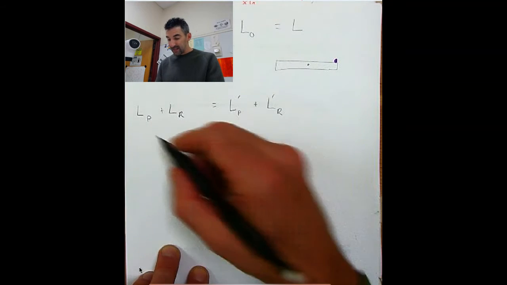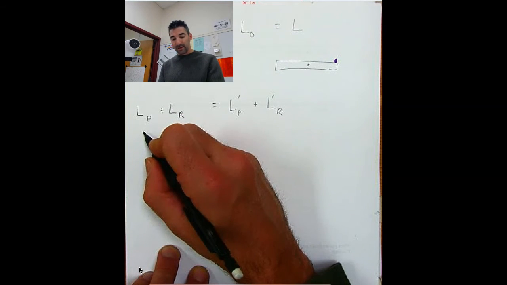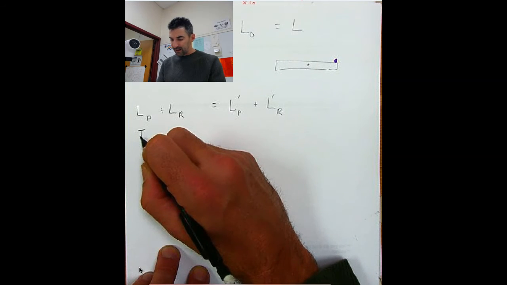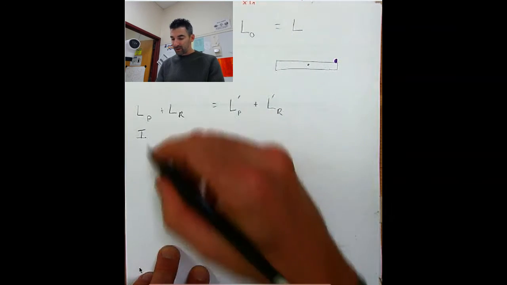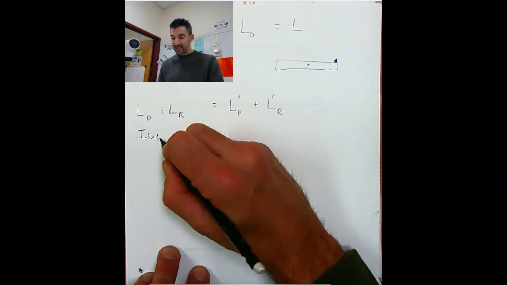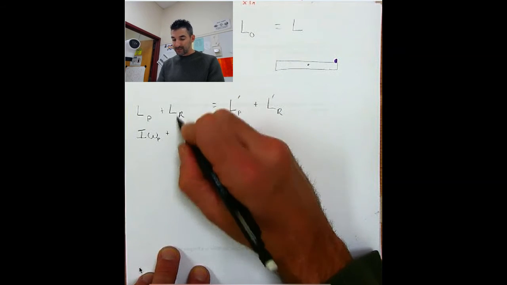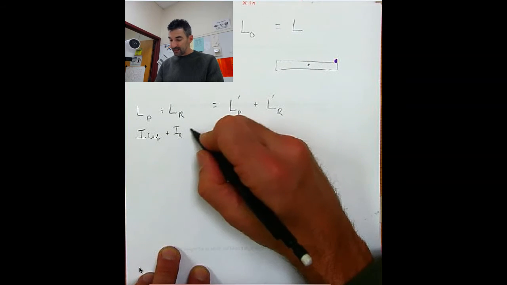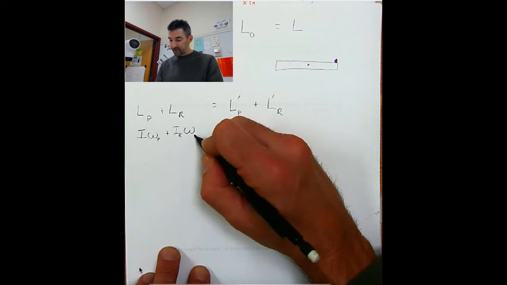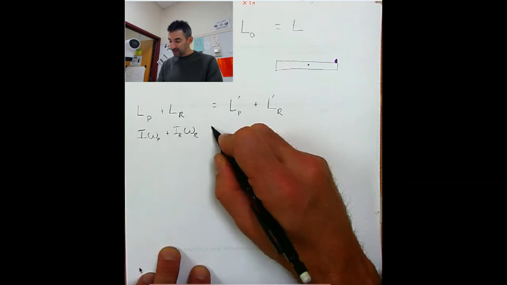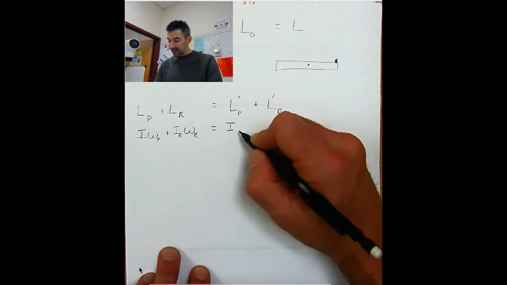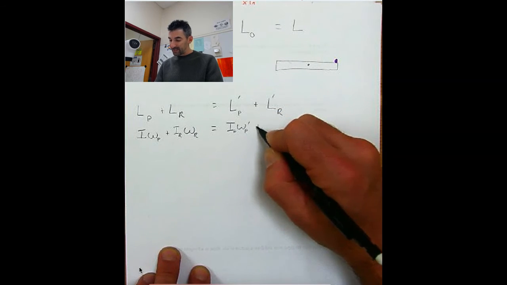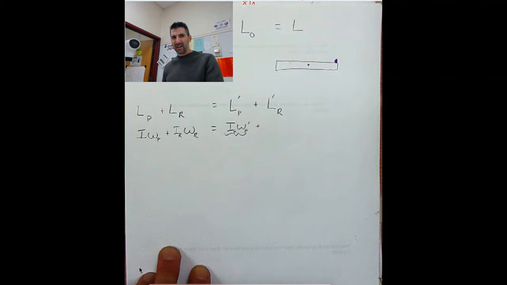So I need to treat that particle a little bit differently. The moment of angular momentum is I omega. It's going to be the moment of inertia of that particle times the angular velocity of the particle plus the moment of inertia of my rod times the angular velocity of the rod equals I particle omega particle prime plus, now this guy, I'm a little hand wavy here.